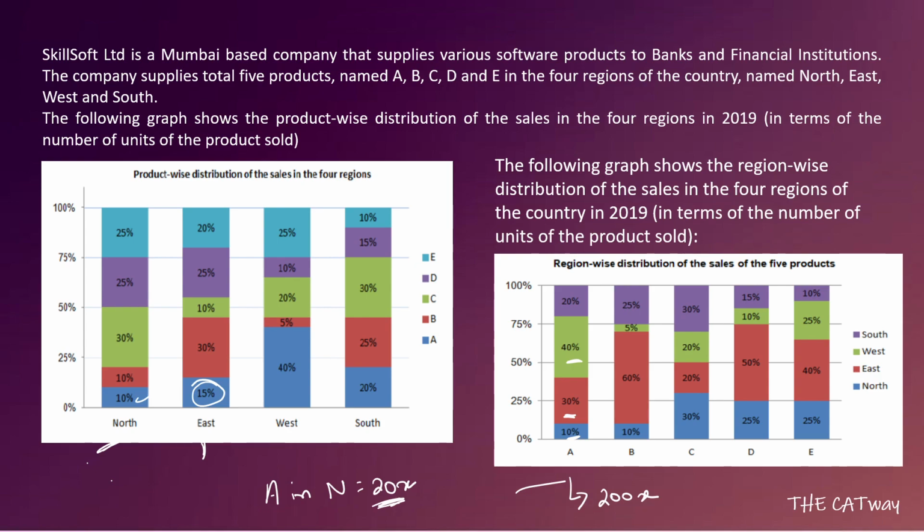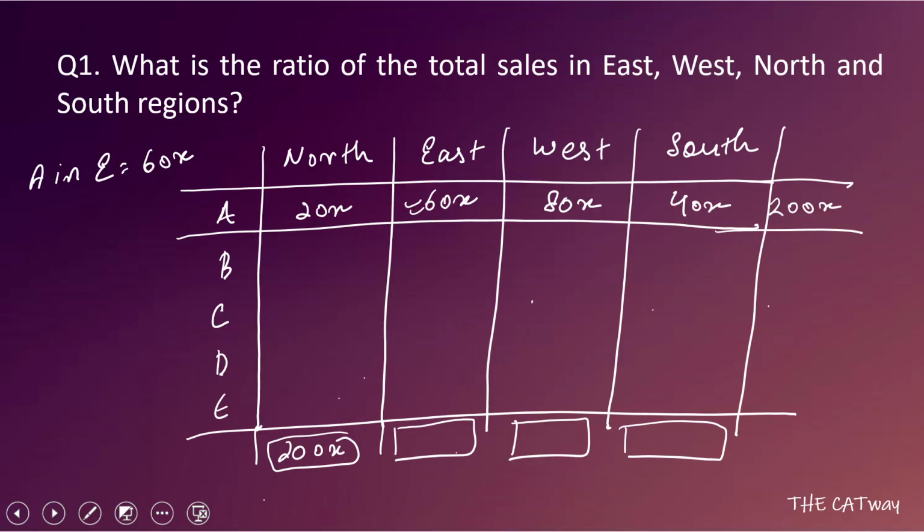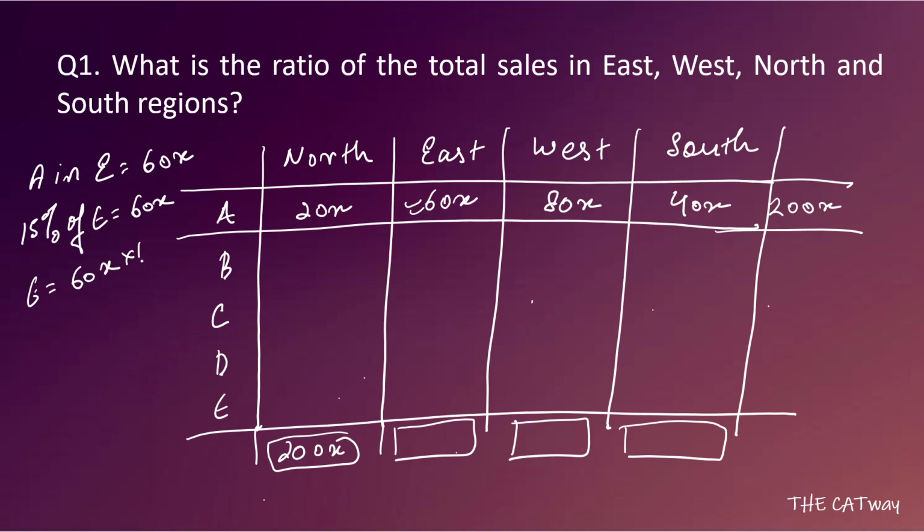Only 15%. So that means that 15% of East is equal to 60x, correct? So the total sale of East would be 60x into 100 divided by 15, which is 400x. The total sale of East is 400x.